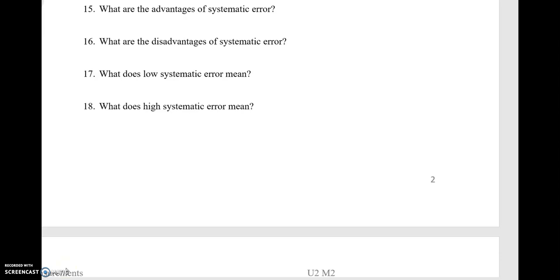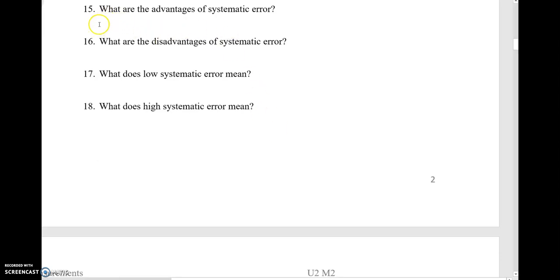Later on, we are going to look at titrometric analysis and gravimetric analysis and classify the type of errors which occur in both experiments in terms of systematic error.